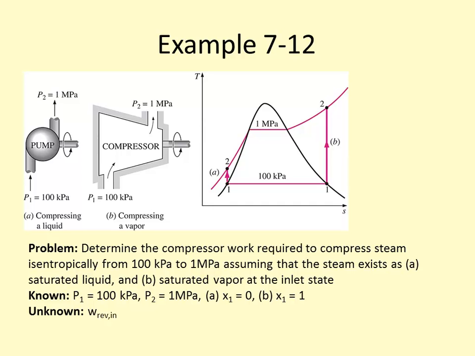So now at 1,000 kilopascals, with our entropies equal, we're superheated vapor, and we look up H, which is equal to 3194.48 kilojoules per kilogram. That was by interpolation.